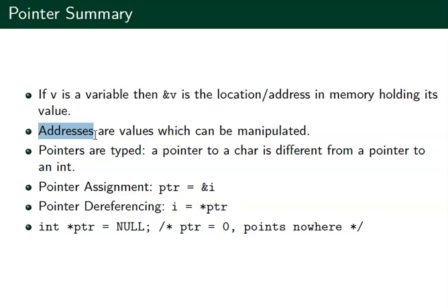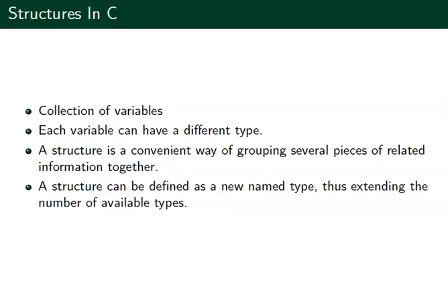And don't forget also that pointers are typed, which means that a pointer to an integer is different from a pointer to a char. Both of them are addresses, but if I initialize an integer pointer, then the address has to be an address of an integer, and if I declare a char pointer, then the address has to be the address of a char.